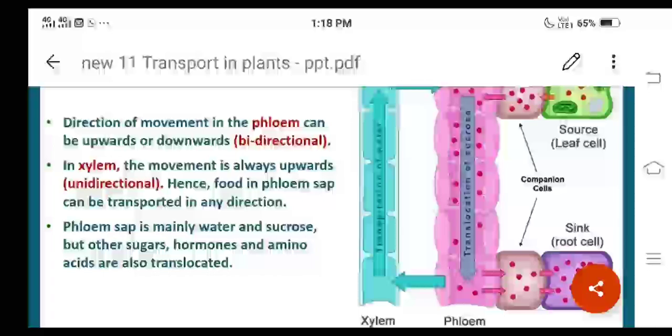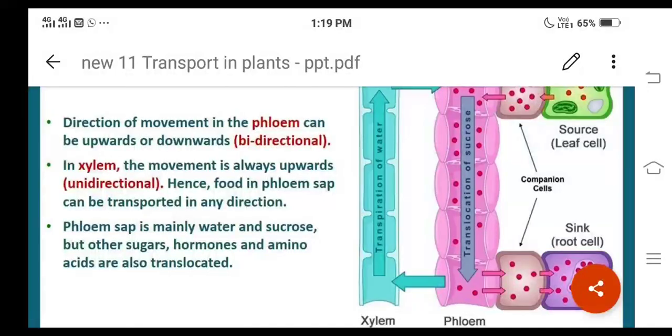Phloem translocation is said to be bidirectional, whereas in case of xylem, the movement is always upwards. It is said to be unidirectional. Hence food in phloem sap can be transported in any direction, but xylem shows only unidirectional movement, that is unidirectional movement of the water, right?